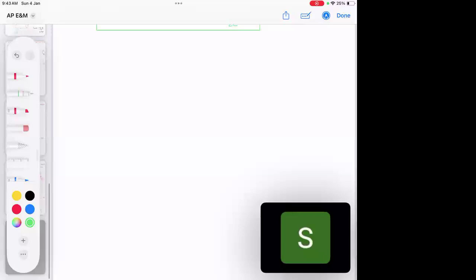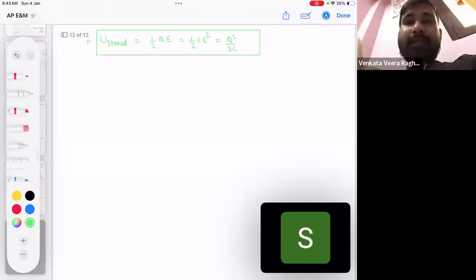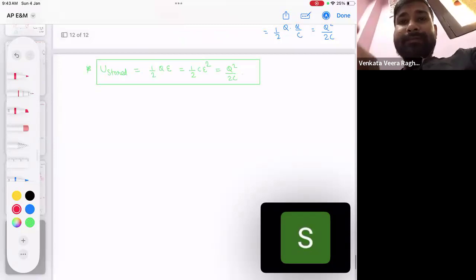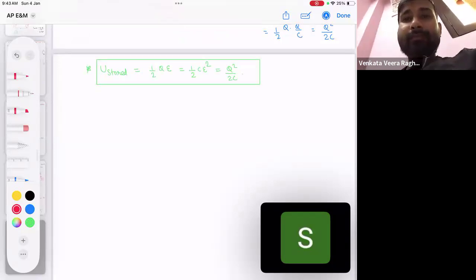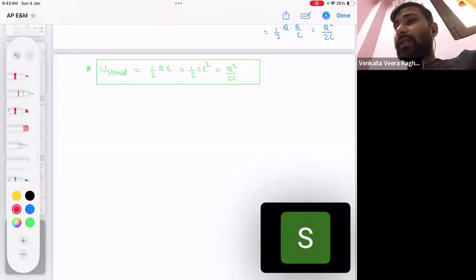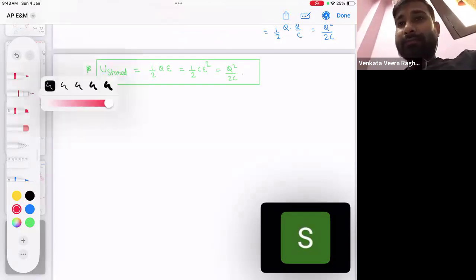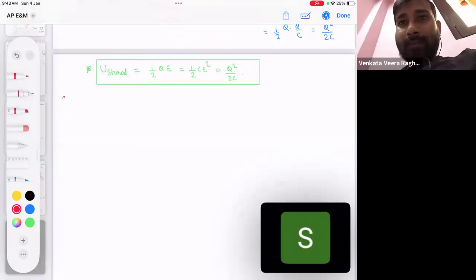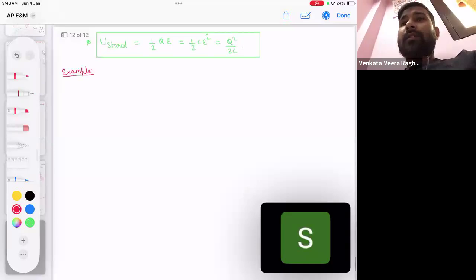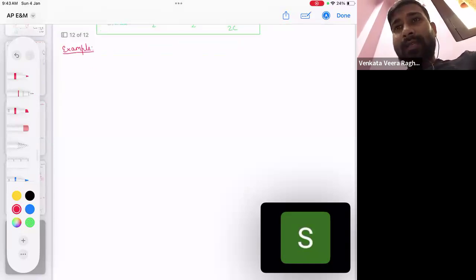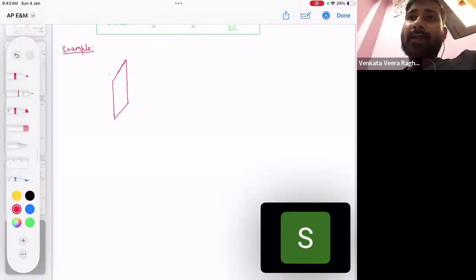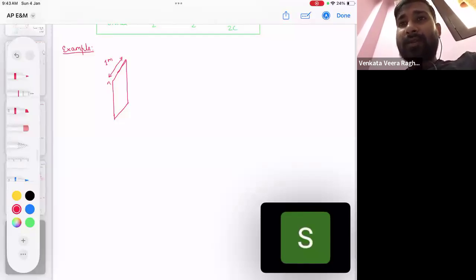Okay, let's discuss a few examples here. Let's see what is given in the question. There is a square plate, and the side is 1 meter cross 1 meter.